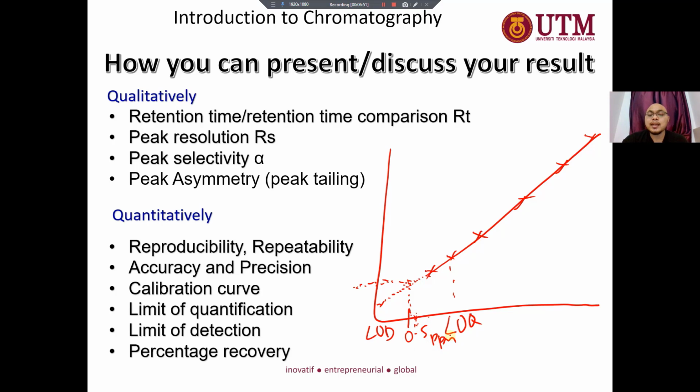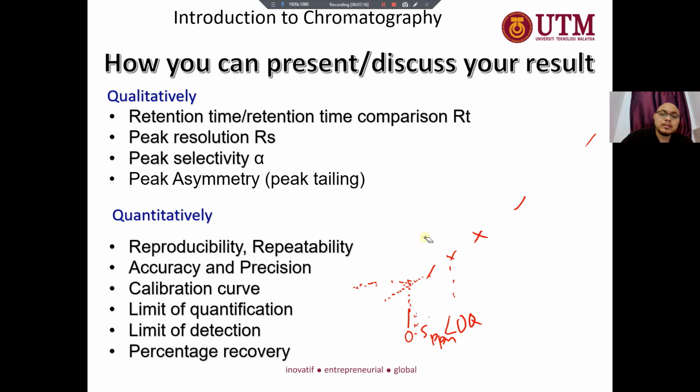But we cannot exactly say that it was quantified at 0.5 ppm. We need to mention that it is able to be detected at 0.5 ppm, but lower than the limit of quantification. And then the next thing is the percentage recovery.